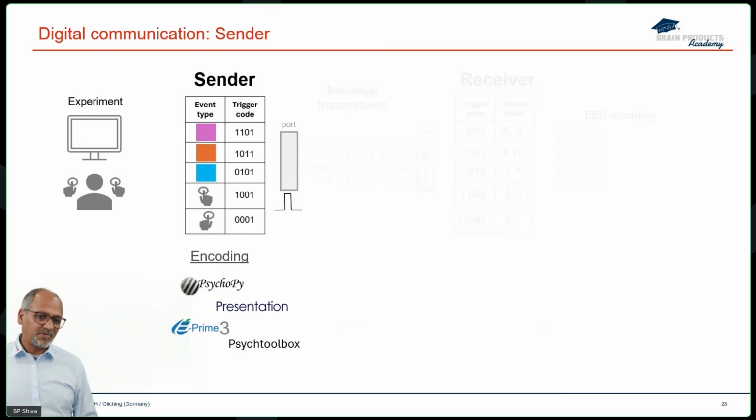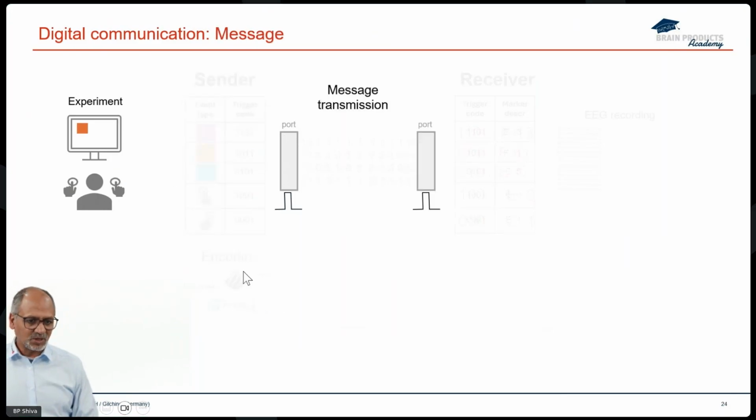And this is all implemented in the background, often with your favorite experimental control software, of which there can be many. Once this is done, the message has to be transmitted, making the journey from the sender's port to the receiving port. And this is where there is often a lot of hardware involved.